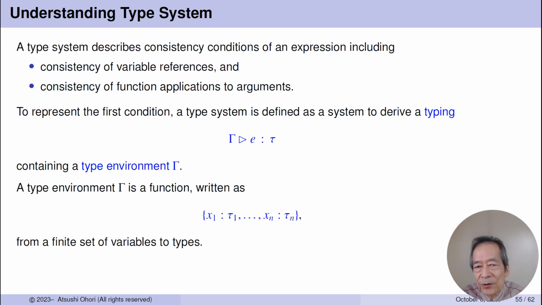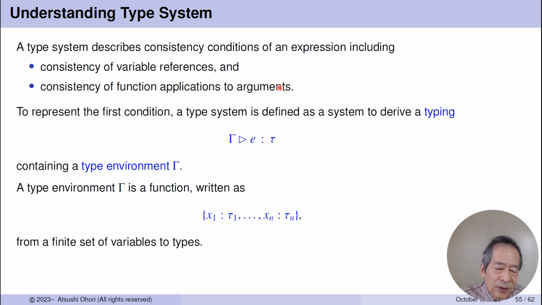So next step is to define a type system. Before giving a formal type system definition, let me try to give a motivation or intuitive understanding of a type system. So type system describes consistency conditions of an expression, including consistency of variable references and consistency of function applications to argument. Now, this consistency of function application is somehow obvious.